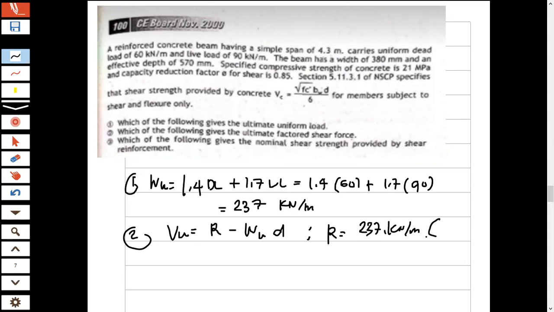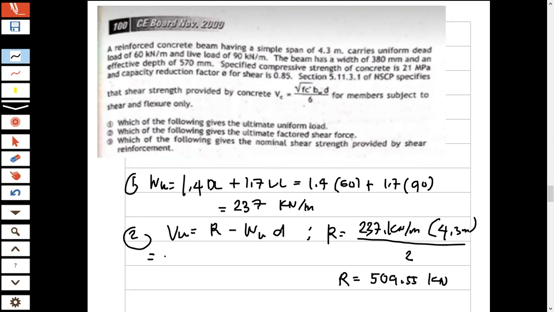Multiply natin sa span. Anong span niya? 4.3 meters. Hinati mo kasi you have R1 and then R2. Then you have the reaction which is the same for both ends, ano? Equals to 509.55 kilonewton.